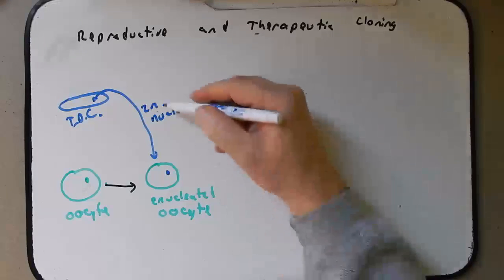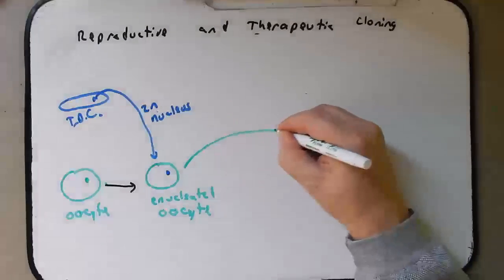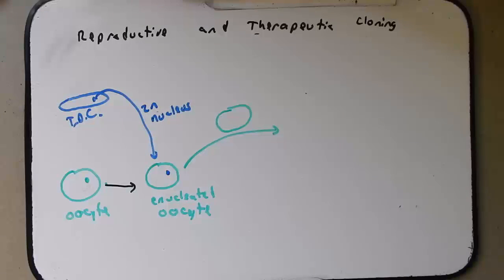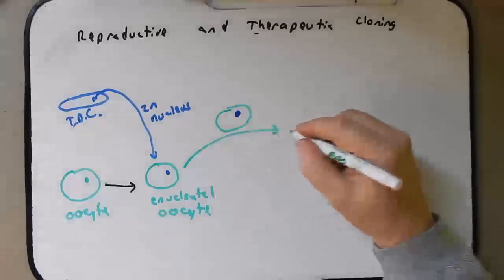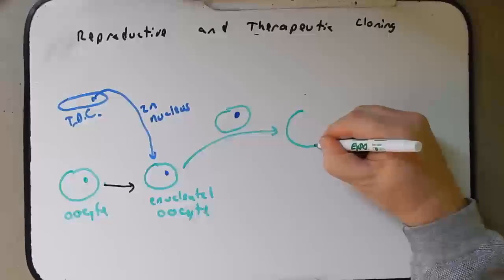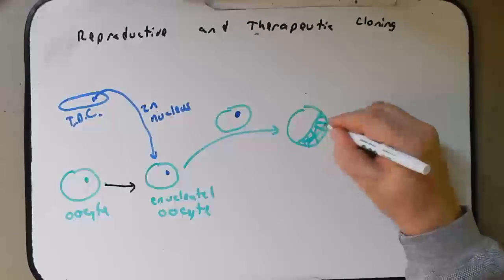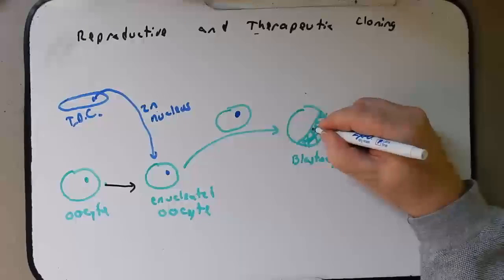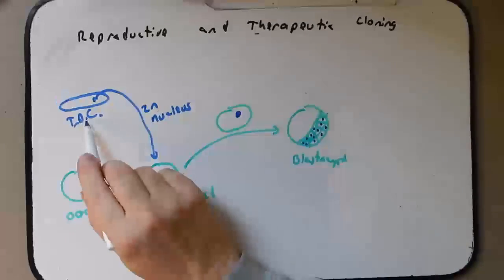The only difference is it came from one cell. This oocyte that now contains this 2N nucleus will be stimulated to form an embryo, and we'll draw this blastocyst stage here. Each of these cells will contain the donor nucleus.